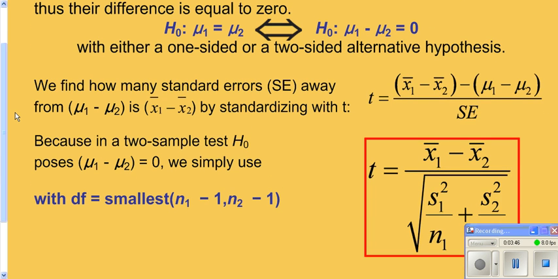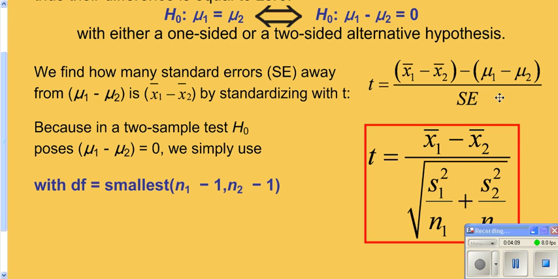Now, with that in mind, we want to look at our formula for our t-statistic. It's really the difference in our means from our sample minus the difference in our means of our population, over the standard error. The standard error, once again, is what we looked at, this right here.